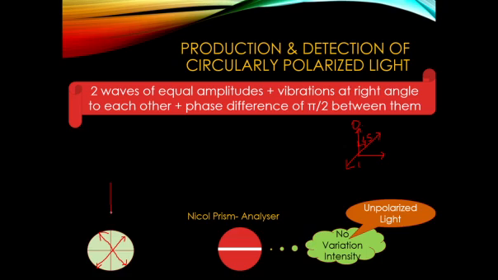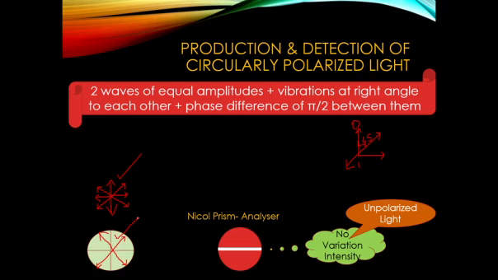Unpolarized light is also represented in this way, where we expect equal amplitude in whatever direction, a symmetric distribution. So in whatever direction it is vibrating, it is expected to have an equal vibration. So we cannot distinguish whether the incident light is unpolarized light or a circularly polarized light.